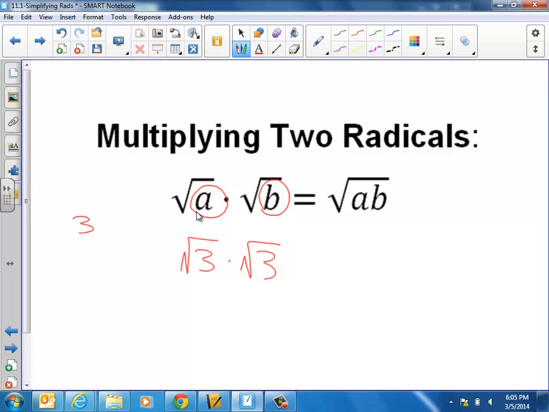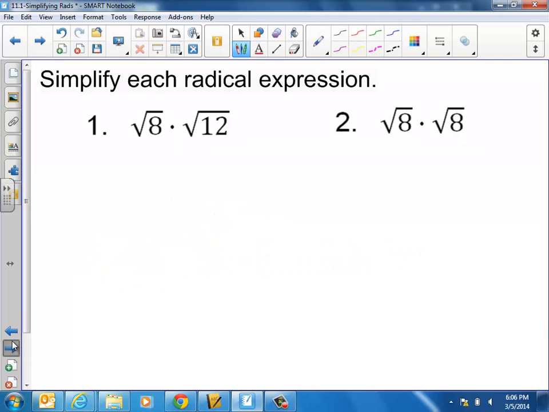So if you plug 3 into a factor tree, it wouldn't take you anywhere. Well, instead of writing radical 3 times radical 3, we can say that is simply radical 9 and break that down from the factor tree as two 3s. We can pull one out, so it's just an answer of 3. So that's going to be a nice shortcut to be aware of as we work with radicals here.